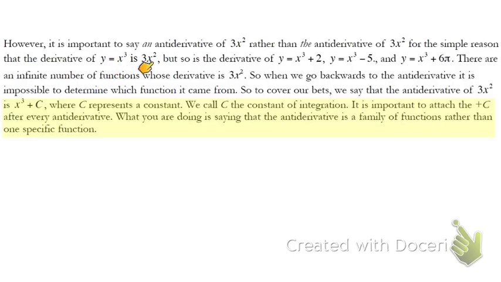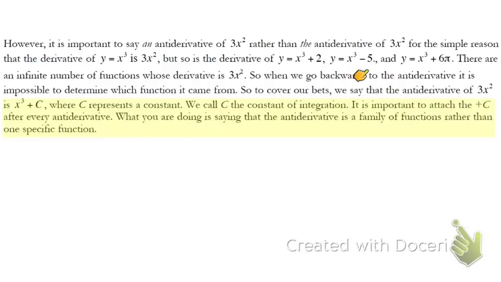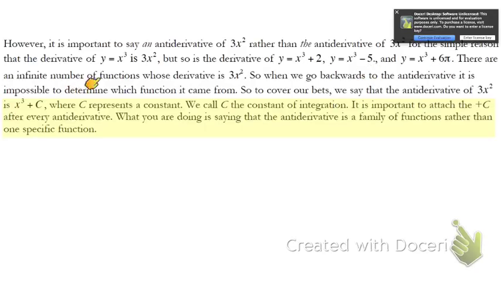It says for x cubed the derivative is 3x squared, but that's also the derivative for x cubed plus 2, and x cubed minus 5, and x cubed plus 6 pi, etc. So all of these have the same derivative. Therefore, the antiderivative of 3x squared or the integral of 3x squared will have to account for the fact that the constant could be different every single time. So there are an infinite number of functions whose derivative is 3x squared.